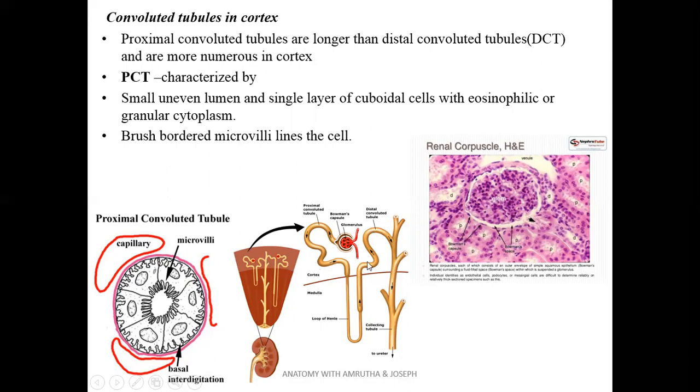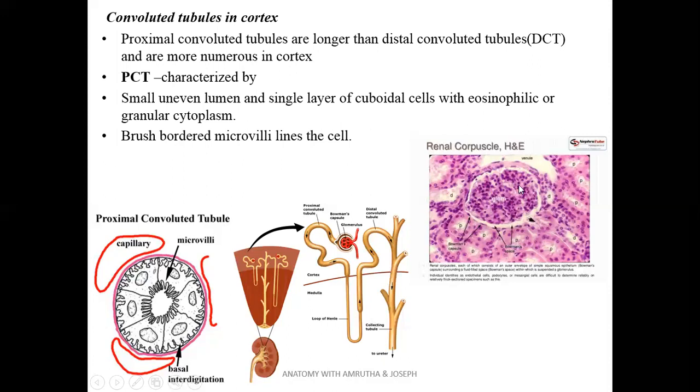The PCT is characterized by a lumen lined by cuboidal cells which are eosinophilic, and the lumen is comparatively small compared with the DCT. There are brush-bordered microvilli seen near the lumen, so the apical surface of each cell has microvilli.